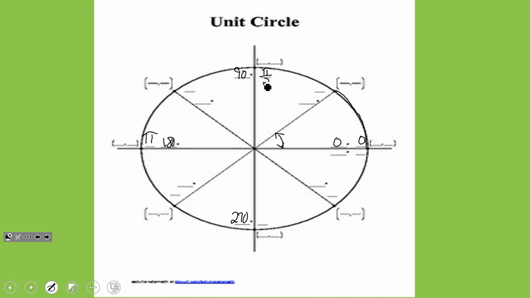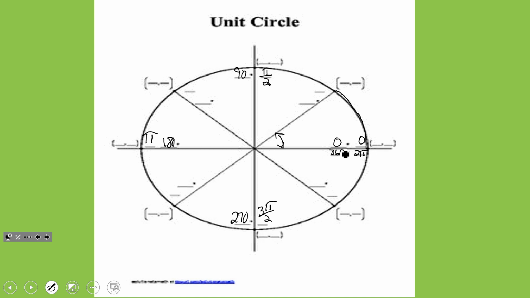Another 90 degrees would be 2 pi's over 2, which is just pi. Another 90 degrees would be 3 pi's over 2. And another 90 degrees gives you 4 pi's over 2. But what is 4 pi over 2? 2 pi. And 2 pi is the same as 360 degrees, one complete rotation.